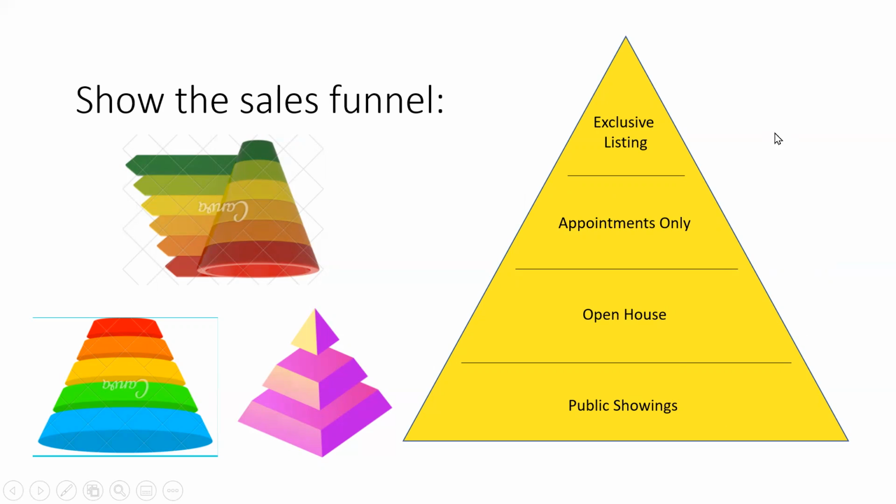And then finally public showings. Again, that's appointment only, but the house is fully on the market, open to everybody. And that's how we find the perfect buyer for your home, because we open it up to every avenue possible. But I just wanted to show you that you can do a little graphic here. You can make a fun 3D one also if you use Canva.